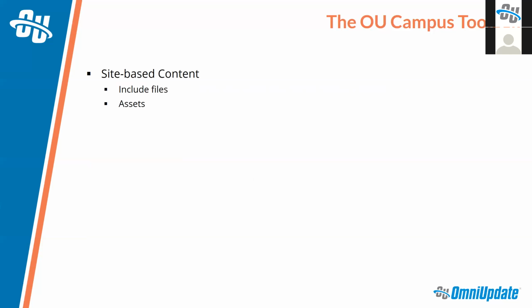Then the administrators and the content editors can manage the content in the asset in one location, and it's going to affect all the pages that are subscribed to it. It's a similar way to how the includes work, but you do have to apply it to the pages that you want it to be put on.